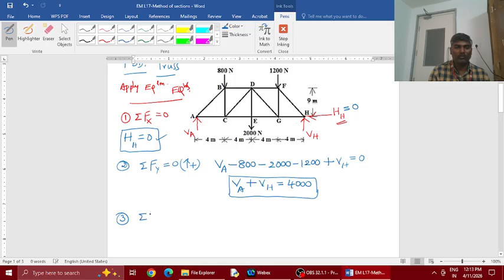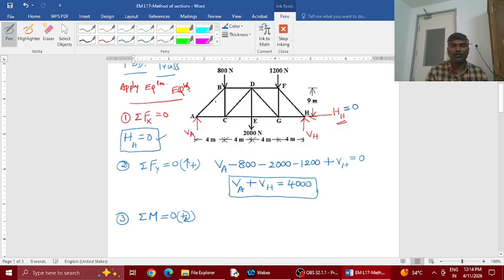Then going for the third equilibrium equation, which is obviously a moment equation. So you need to apply total moments acting on this truss equal to 0. Again, you pick the direction, either clockwise or anti-clockwise positive. Let us take clockwise positive. And another thing that you need to do is choose the moment center.